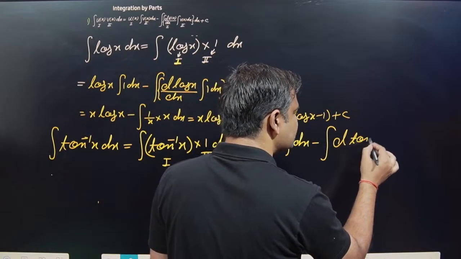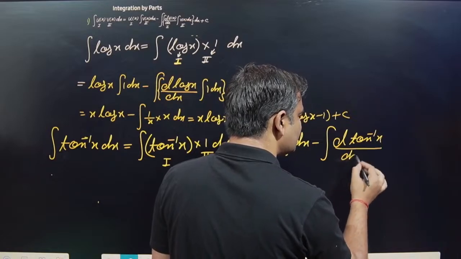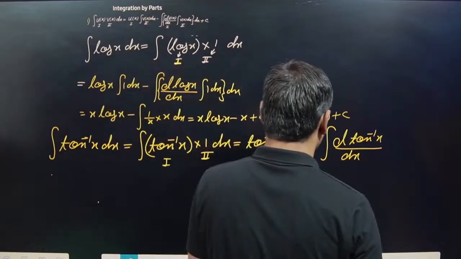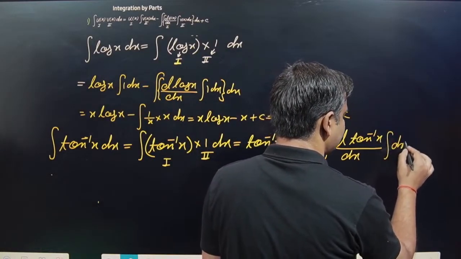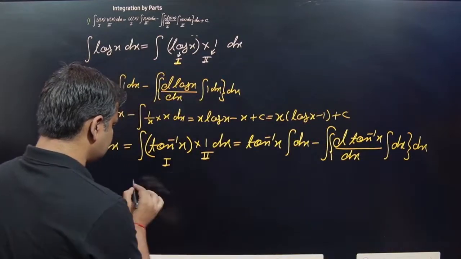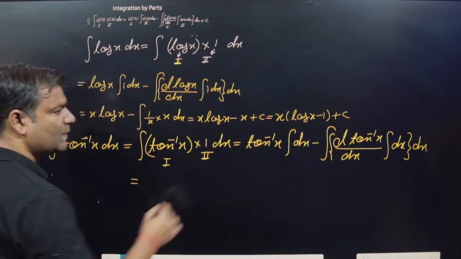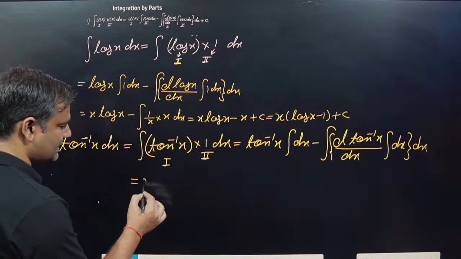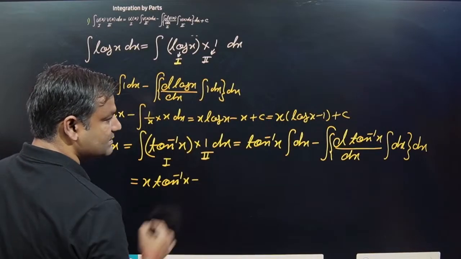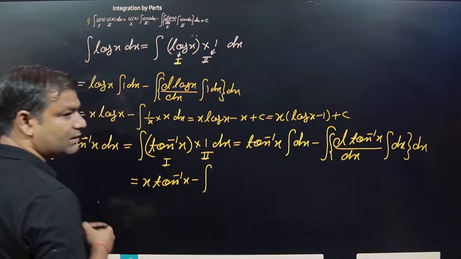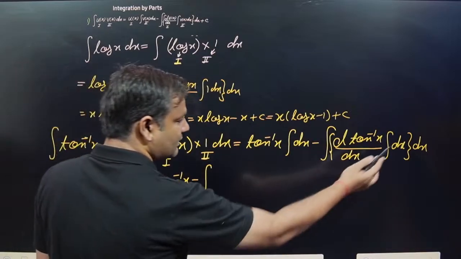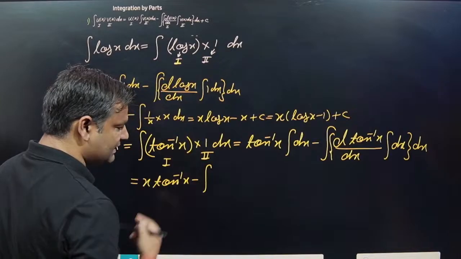the differentiation of tan inverse x with respect to x. The integration of dx is simply x, so x into tan inverse x minus the differentiation of tan inverse x, which is 1 upon 1 plus x square, and the integration of dx, which is x.